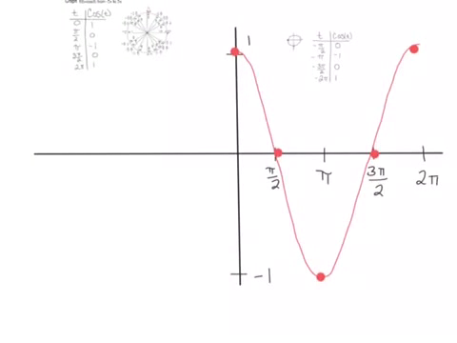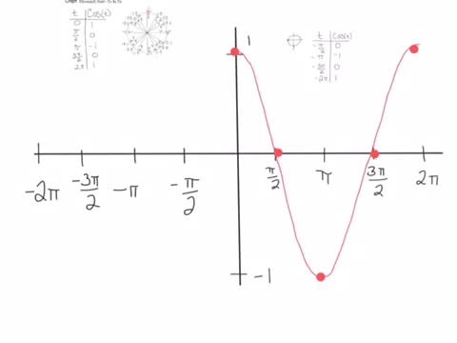So we're going all the way to negative 2 pi. Well, half that is negative pi. Half of that is negative pi over 2. So we have negative pi over 2, negative pi, negative 3 pi over 2, and negative 2 pi.